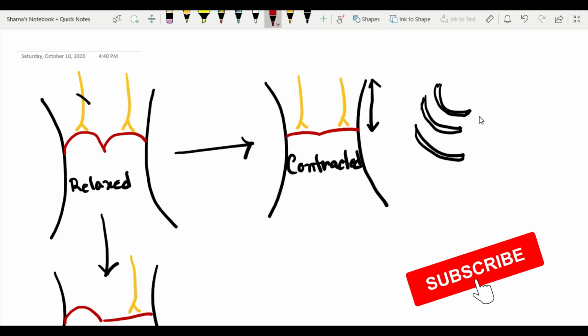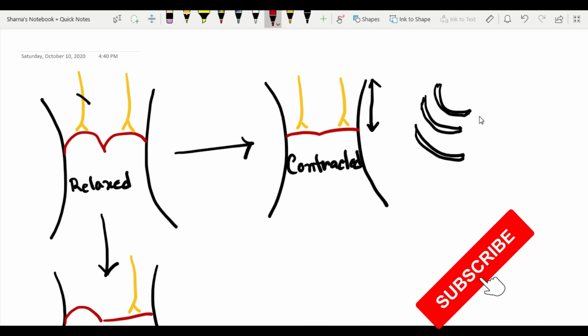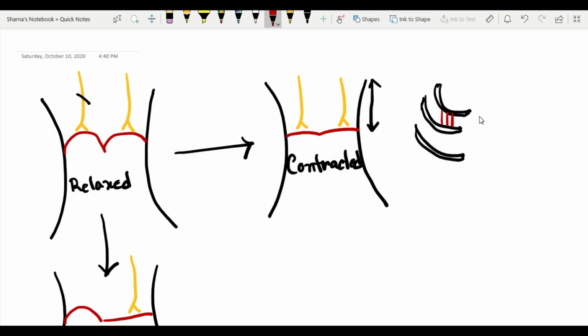Those muscles originate from the rib above and are inserted below. So when these muscles contract, the ribs are pulled upwards, and these movements are known as the bucket handle and pump handle movements of the ribs. And if I get time, I'll make a separate video on the bucket handle and pump handle movements of the ribs. Anyways, if the ribs go up, then the anterior-posterior and transverse diameters of the thorax will increase.